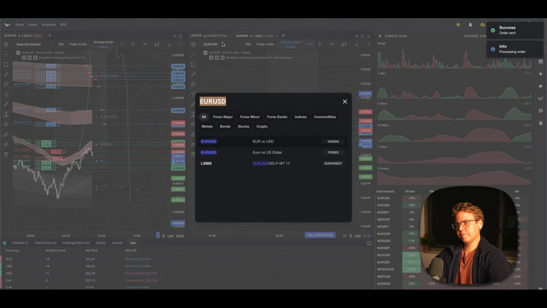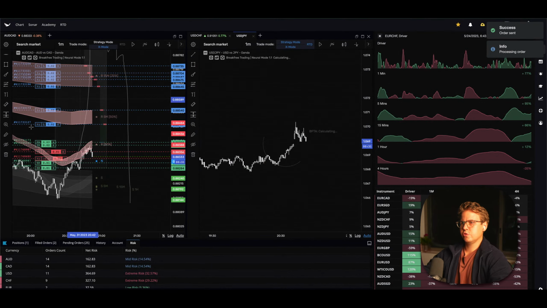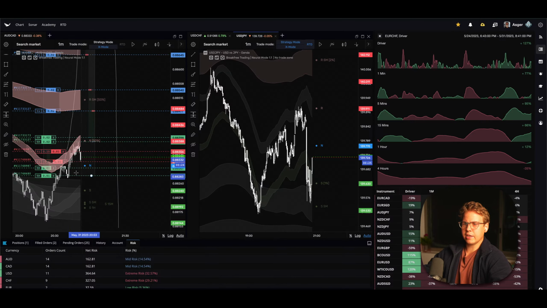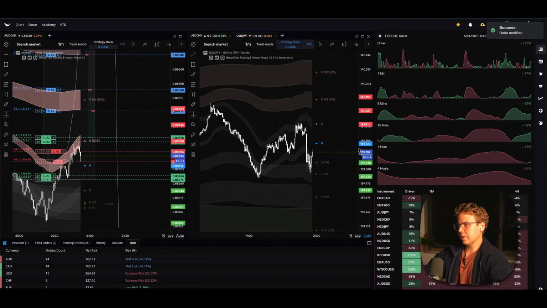See if we can find it. So you can see AUD CAD is taking care of itself. And I think this down here is a good target now, because I think that was the move for this bounce. I don't know, but that's just a gut feeling.